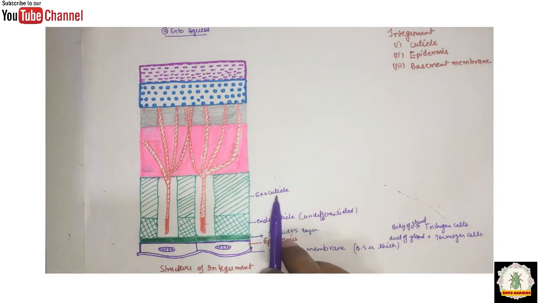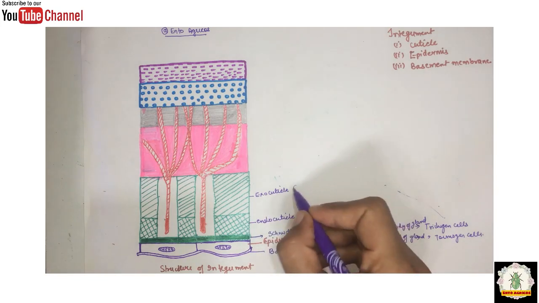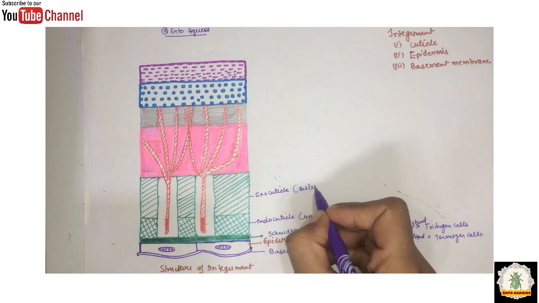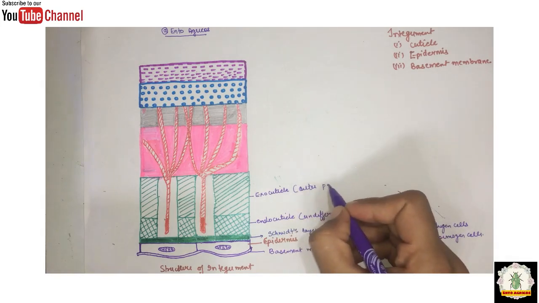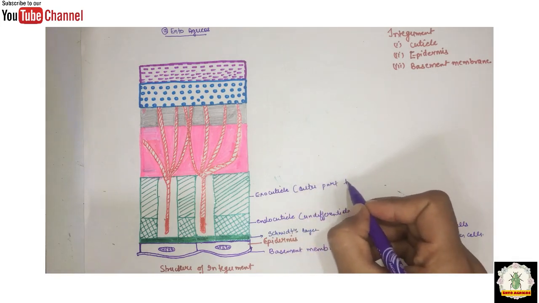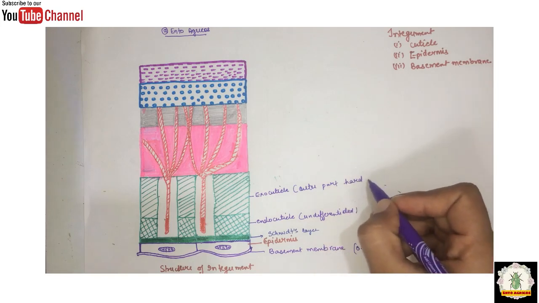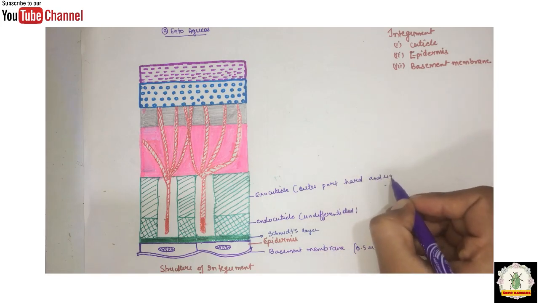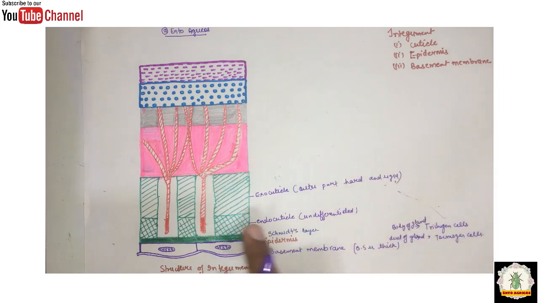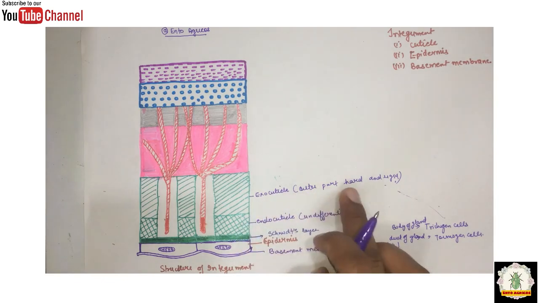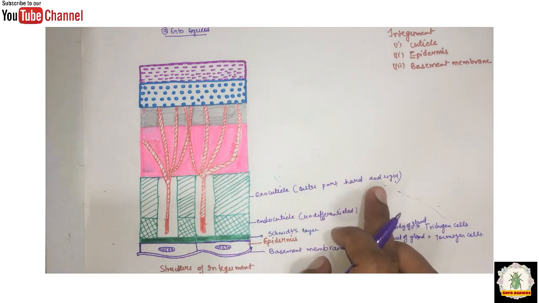This exocuticle is the outer part and is hard and rigid.